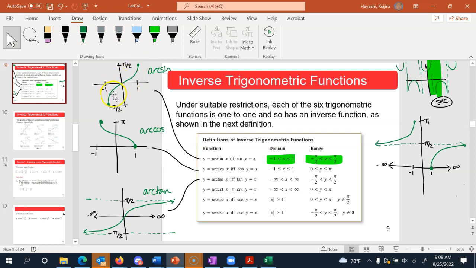So if you have an arcsine, the only angles you're going to be able to get out are from negative pi over 2 to pi over 2. For arc cosine, the only angles you can get out are from 0 to pi. For arctan, the only angles you can get out are negative pi over 2 to pi over 2, and similarly for the other functions.